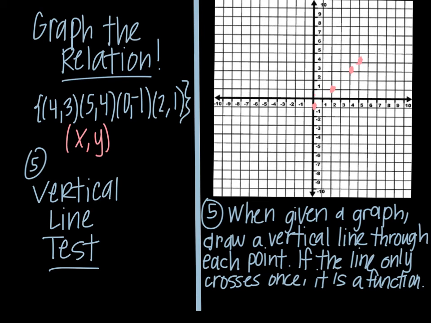So if you look at the example up here, I'll draw a vertical line, crosses once, another vertical line crosses once, another vertical line. So each point, that vertical line only crossed once. Therefore, this is a function. The relation is a function because it passed the vertical line test.